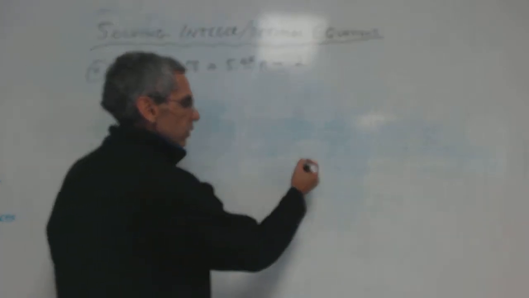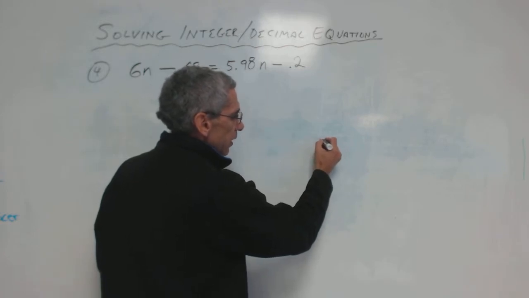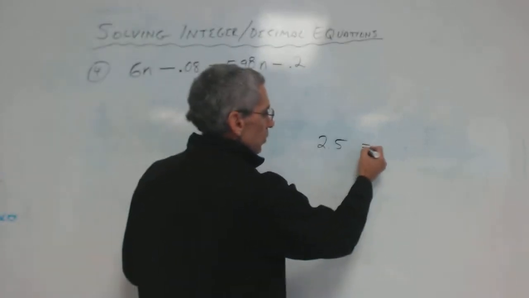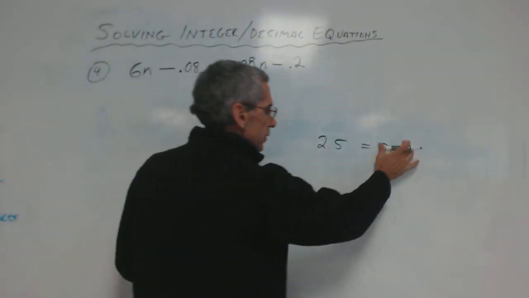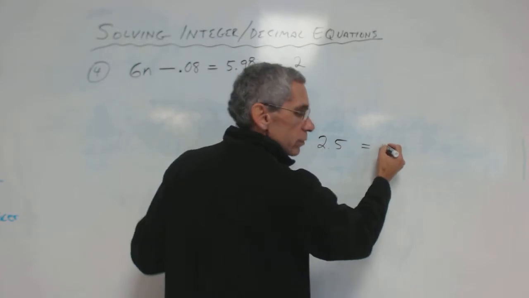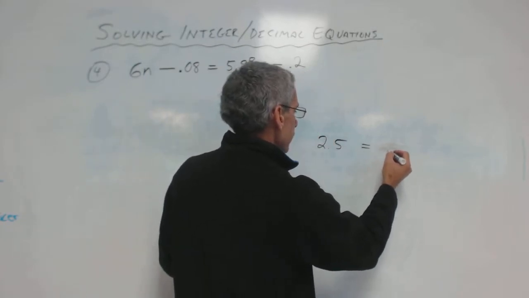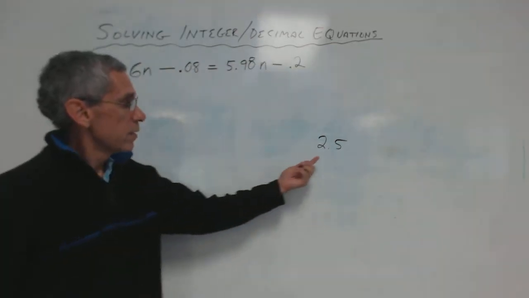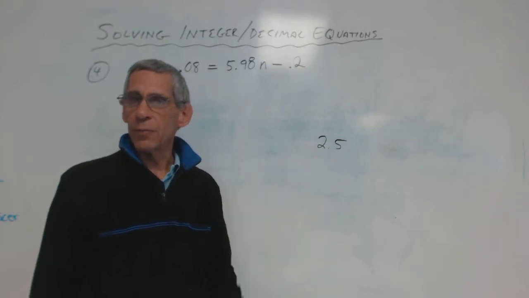What is the rule? Let's say I had 2.5 in an equation. Well, I'm not going to worry about an equation right now. But if I multiplied this times 10, what would happen to the decimal?